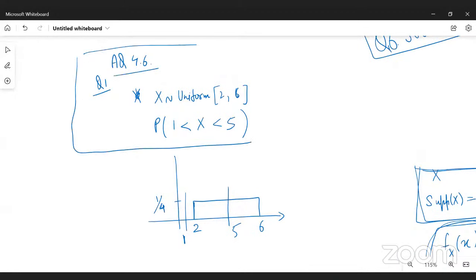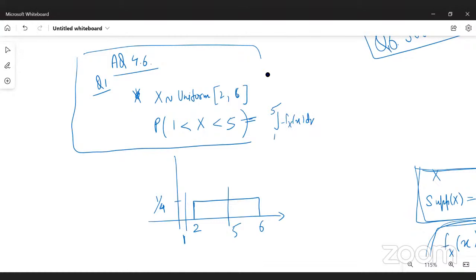So this was a problem. It was given to us that x was uniform in 2 to 6. So what is the probability that your random variable x lies between 1 to 5? If you have to find this, you basically have to do the integral from 1 to 5 of f_X(x) dx, right?